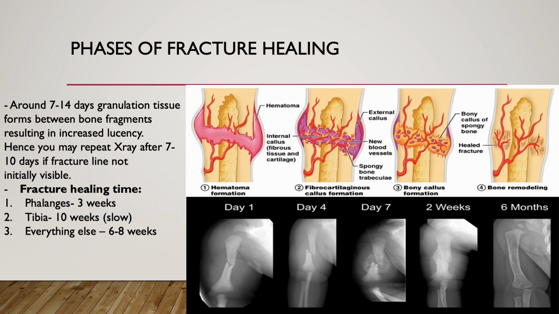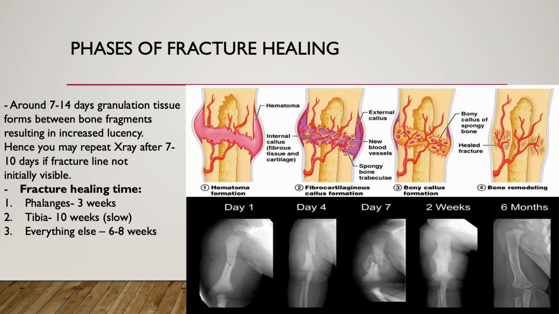Then we move on to phases of fracture healing. So generally what happens after there is a fracture, there is going to be a hematoma formation under the fracture. After that, this hematoma will have different types of neutrophils, macrophages, and many more cells coming into it, which are further going to form callus as well as blood vessels into it.